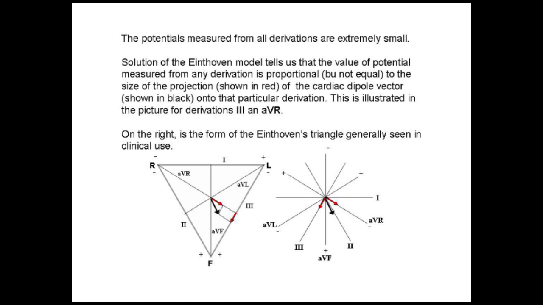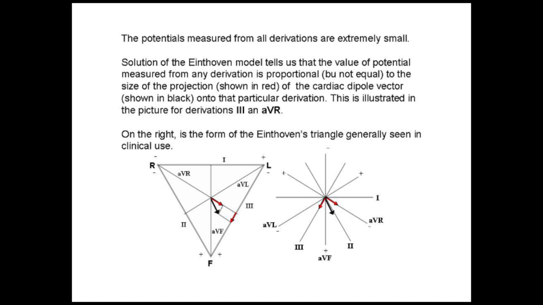So whatever potential you're going to measure from these derivations will be proportional to these projection vectors. You can immediately see that the size of the projection vectors is not only correlated to the size of the cardiac dipole, but they also depend on the orientation of the cardiac dipole in relation to the axes that you make the measurement from.